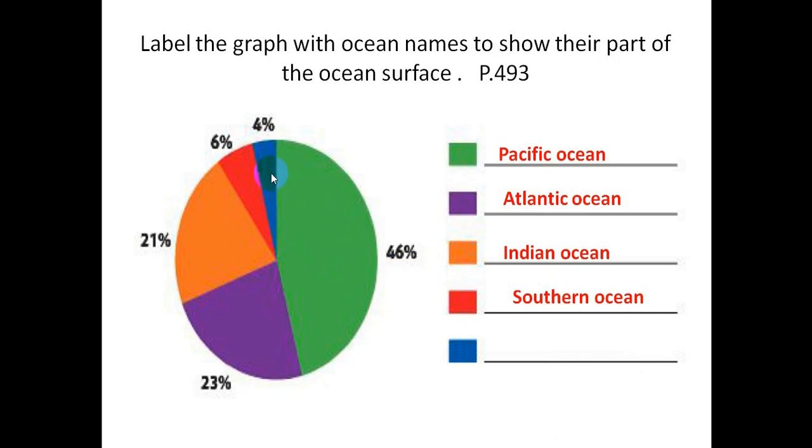And finally we have the 4%, the blue part. This represents the Arctic Ocean, the last one. So here we arranged the oceans from largest to smallest on Earth's surface. Now you have to write this down in the question in the book, and after let's go to the next part.